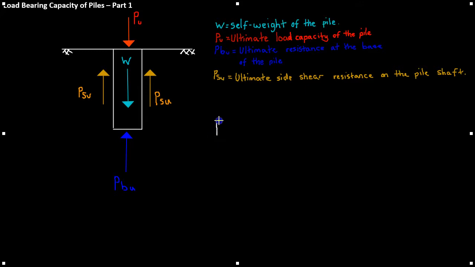And using the directions, we can say that PU is equal to PSU plus PBU minus W. So we have the ultimate load capacity of the pile equals the ultimate side shear resistance on the pile shaft plus the ultimate resistance at the base of the pile minus the self weight of the pile.